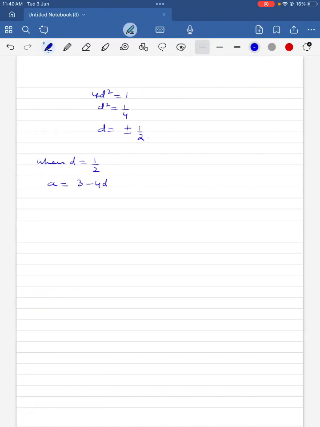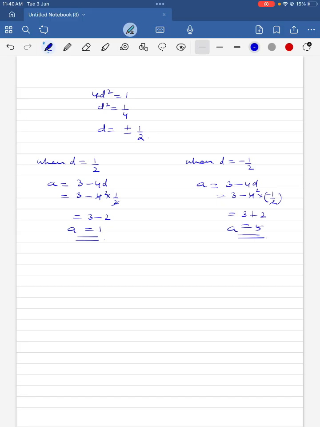So that is equal to 3 minus 4 times 1 by 2, which is 3 minus 2, or the value of a becomes 1. Now when d is equal to minus 1 by 2, a becomes 3 minus 4d. So instead of d, I would substitute the value minus 1 by 2. So that would give me 3 plus 2, which is 5.